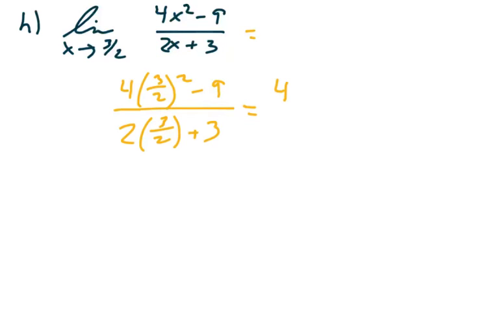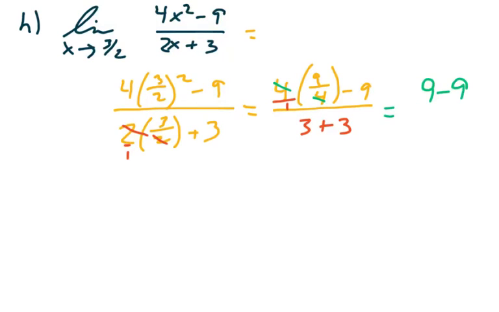Now remember, when you square a fraction, you square both the numerator and the denominator. And over here, the 2 is over 1. So 2 times 3 over 2, those 2's are going to cancel. We're just going to be left with 3 over 3. Same thing here. This 4 is 4 over 1. So this 4 and the 4 in the numerator is going to cancel out. So I'm actually left with 9 minus 9 over 3 plus 3.